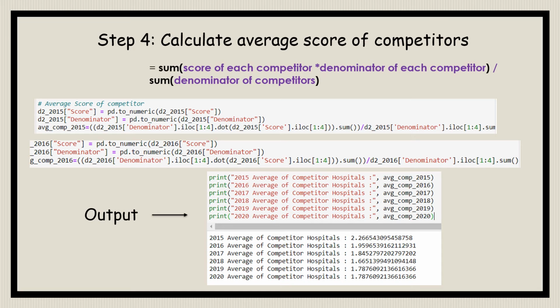I have included the code for years 2015 and 2016. You will also need to repeat the same code for years 2017 to 2020. I have displayed the average of the competitors for all 6 time periods below.